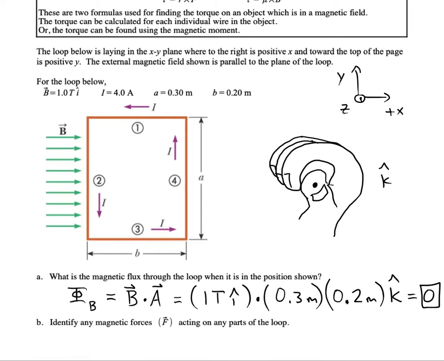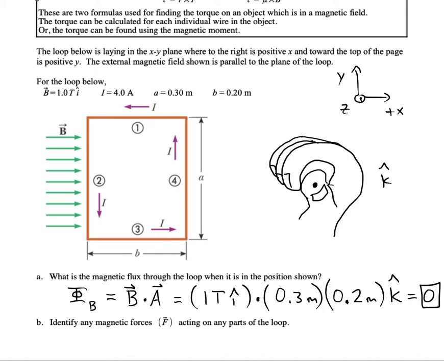Now we want to find any magnetic forces that are acting on the loop. So with this, you want to go around to each wire and use the right-hand rule to figure out which wires will feel forces. So I'll start with number 1.